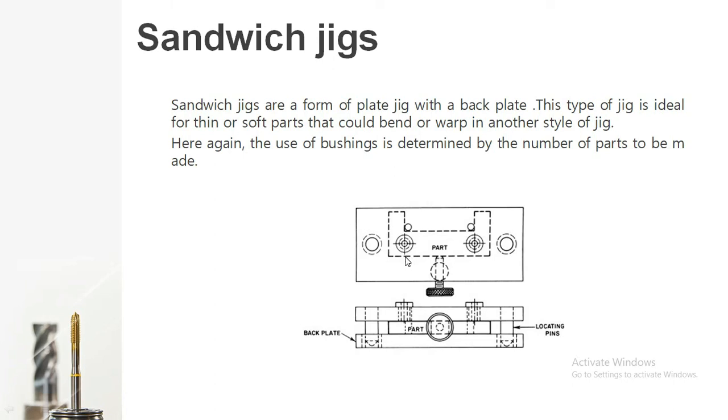So initially you can insert a drill tool with a smaller diameter, and then a drill tool with a greater diameter is again guided and passed through that drill bushing in the next repeated operations. So remember, this type is used mostly for softer parts, and this type of jig is used for stepwise drilling or stepwise machining operations at the same point.